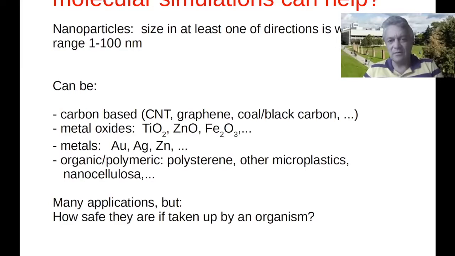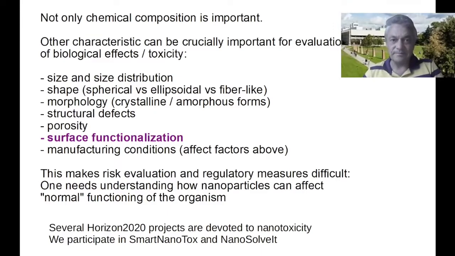It can be carbon-based nanoparticles, carbon nanotubes, graphene, black carbon, other carbon structures. It can be metal oxides. It can be just metals. It can be some organic nanoparticles, polystyrene, nanocellulose, and others. And as I said, they have a very wide range of application, and there is concern about how safe they are if they are taken by an organism.